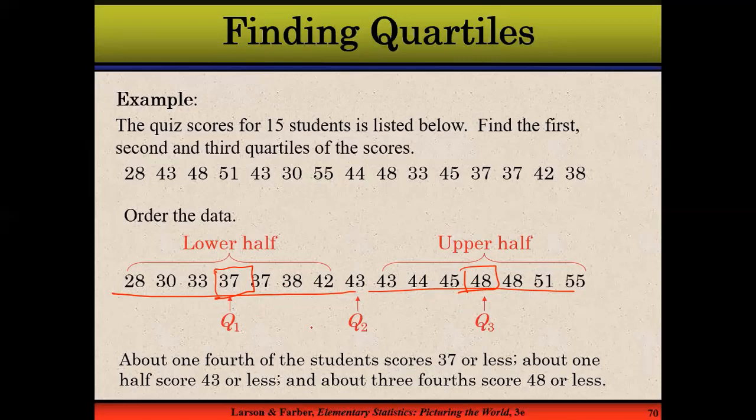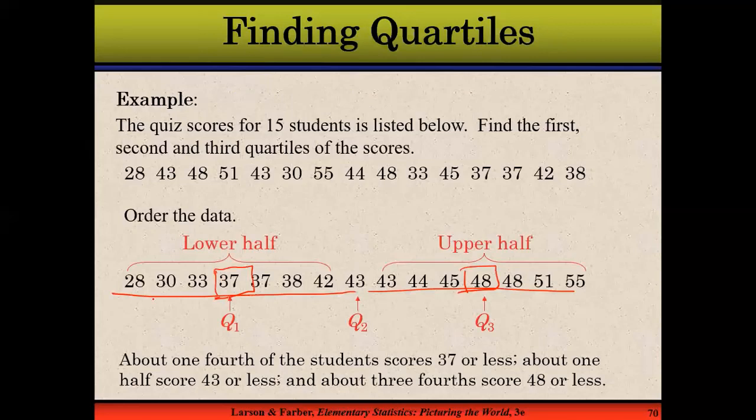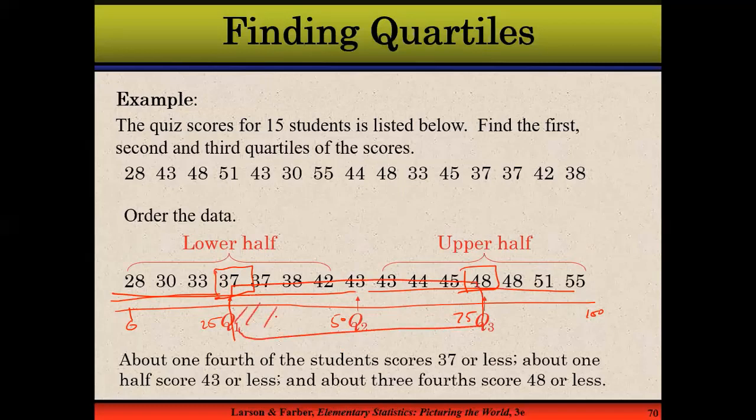So we have 3 quartile values, Q1, Q2, and Q3, and these are very useful values. Why? Because if you put that data line again here, which starts from 0, and you have your 25%, 50%, 75%, and 100% of the data, you can see that from Q1 to Q3, you have your central 50% of the data.